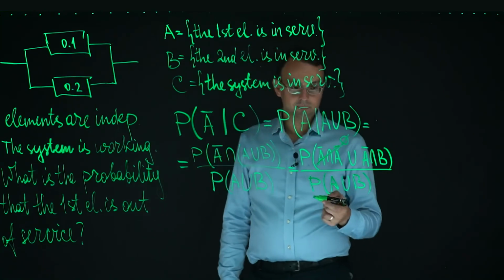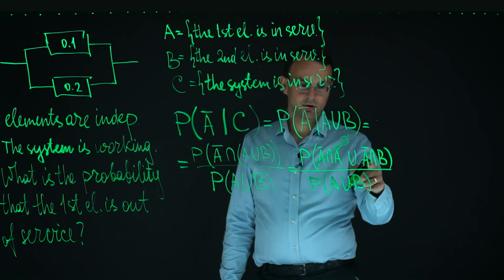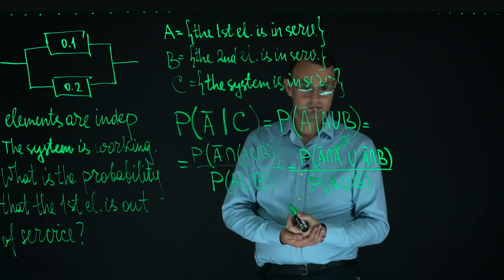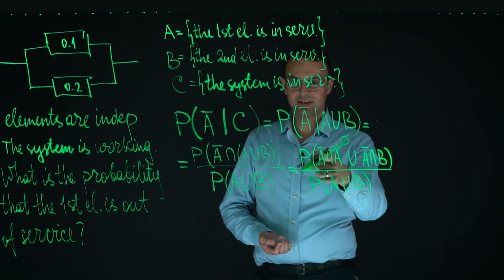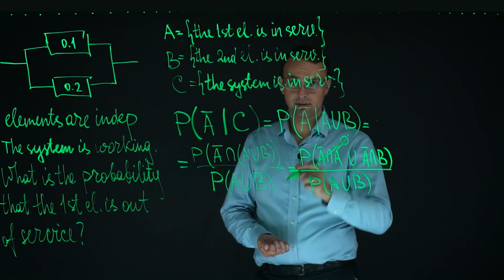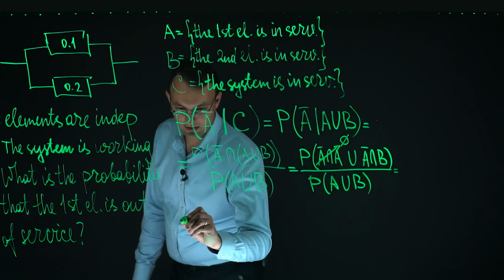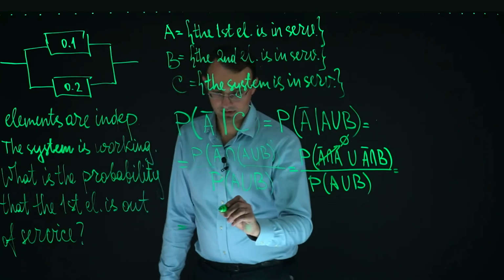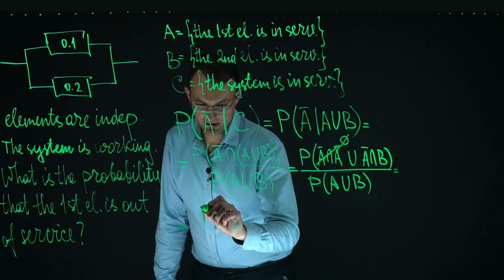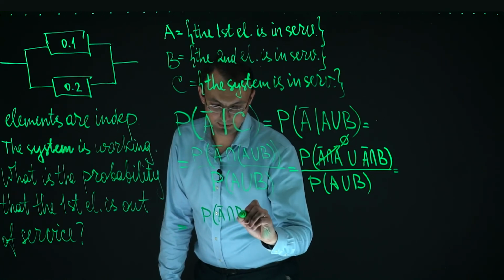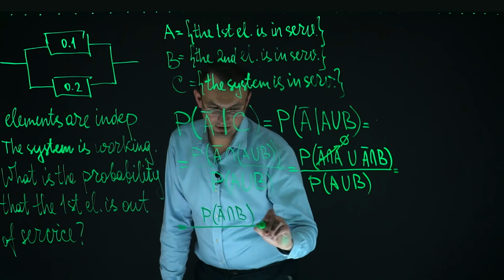So here in this expression, only this not A intersection B is left. So this simply disappears because this is an impossible event. And now we have P of not A intersection B in numerator.